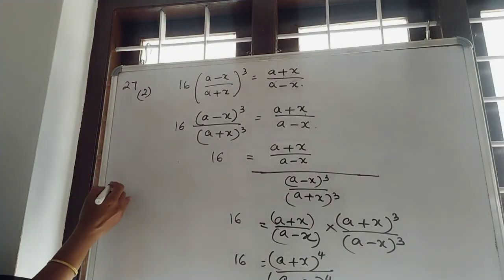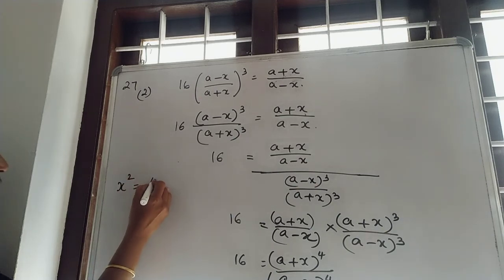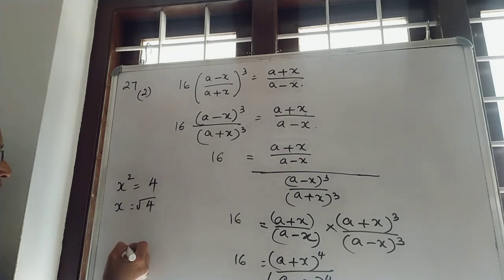Already we studied, no? For x square is equal to 4, how can we write? x is equal to root 4. So x will be what? In lower classes we studied only the positive values. Now we are saying that root of 4 will be positive or negative, both values, plus 2 or minus 2.